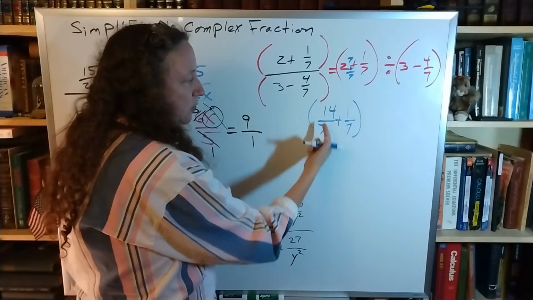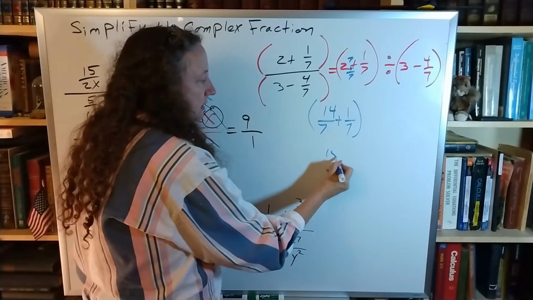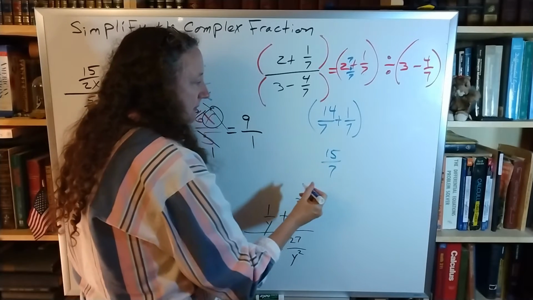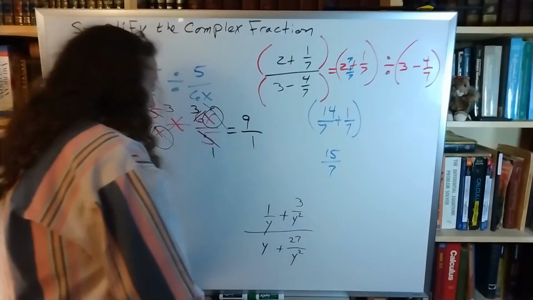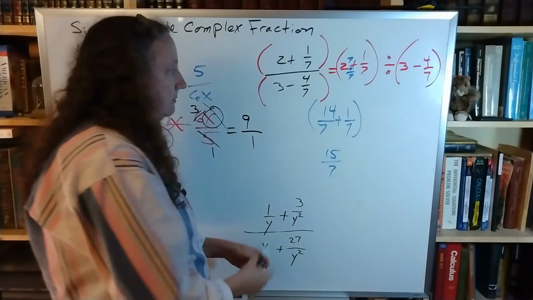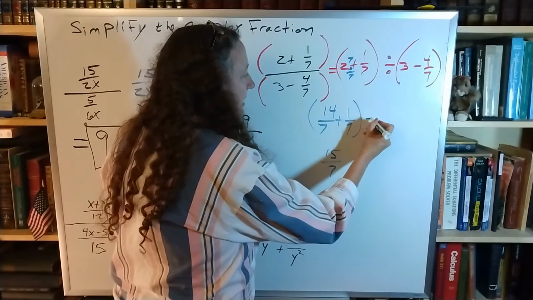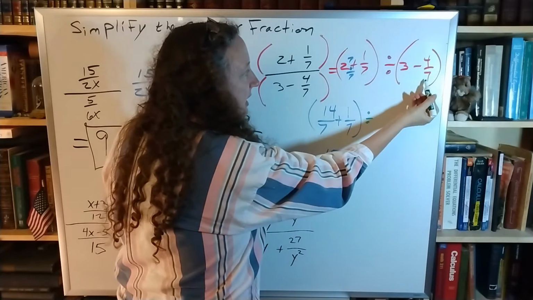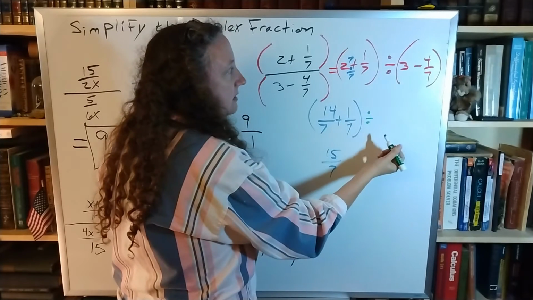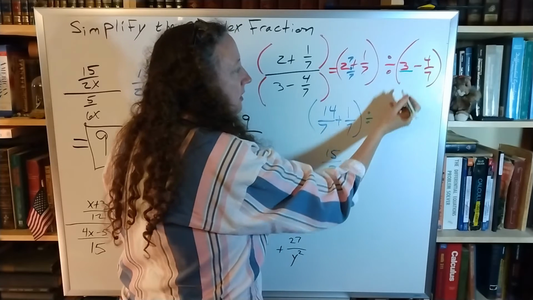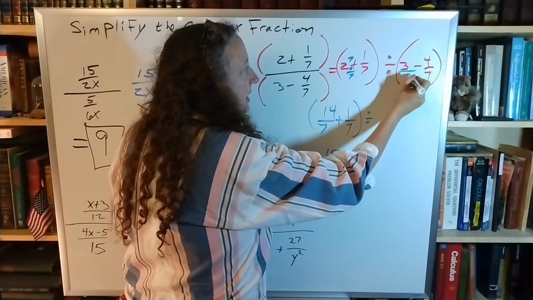I'm going to continue with this one. 14 plus 1 is 15, so I have 15 over 7. The other one, I still have my divide by. Again, I want a common denominator of 7, so I'm going to multiply this by 7 over 7.